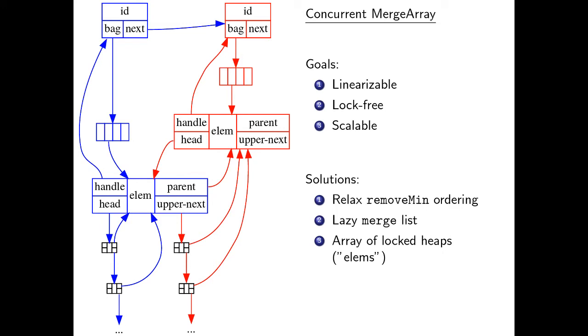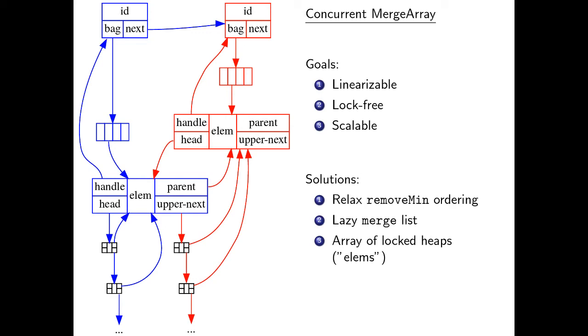The next big thing is that rather than trying to steal each heap from one array and then move it into the other, and then steal it and move it and steal it and move it, what you do is instead have a lazy merge list.